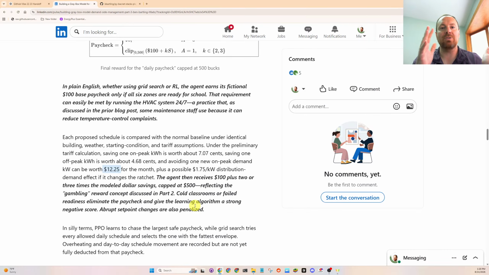So you play with the building automation schedules, which we talked about. The concept is that you roll the dice once at midnight, look at the weather forecast, and then you guess where you want to start the equipment: 6 a.m., 3 a.m., 5 a.m., 24/7.